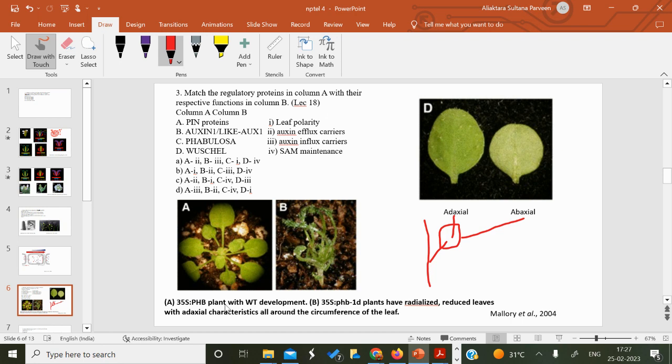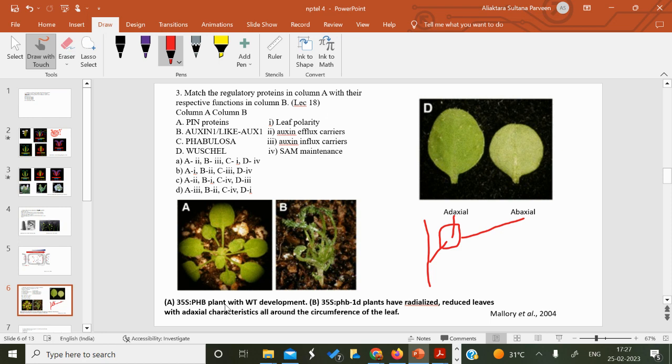So here we can see that a single leaf has two polarities, one adaxial and one abaxial. So there has to be something required to maintain the identity of the two sides of a leaf, right? Some genes are involved in that. One of them is fabulosa.